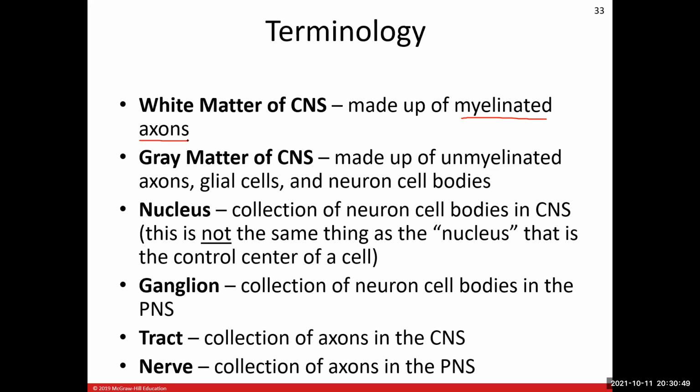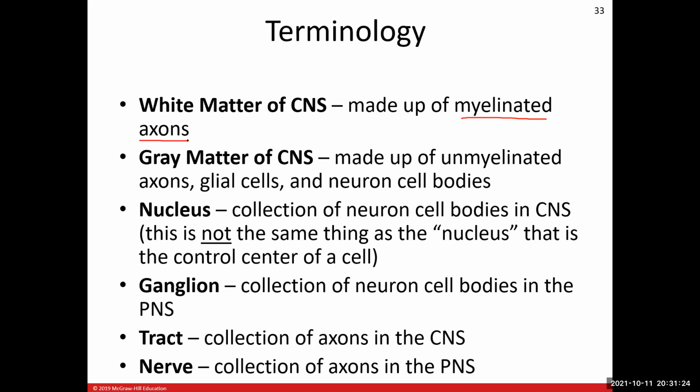All right, now, when we get to the gray matter, it's a different story. It's going to include unmyelinated axons. That makes sense because it's the myelin that gives the tissue that white appearance because of the high lipid content. So now we're looking at gray matter, and we're saying that's unmyelinated axons. But when we're looking at the actual neuron, we noticed that myelin was not on the cell body.